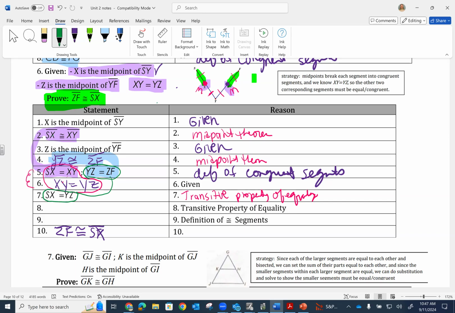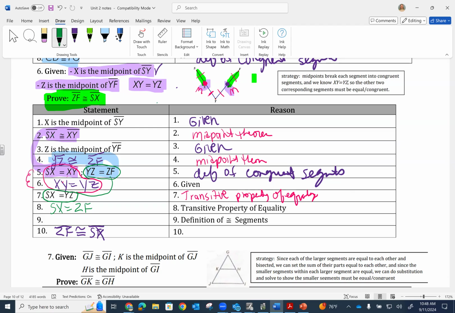Notice they both have YZ. So if the YZs are the same, guess what's going to happen? We're going to say SX has to equal ZF as well. So you've got to watch, these are tricky. You're looking to see if you can spot the clues. This is something we're not ready to do completely by ourselves, but we're going to get better as we do it. So we're going to put those together and we're going to get this.